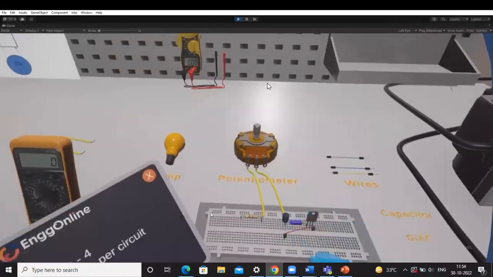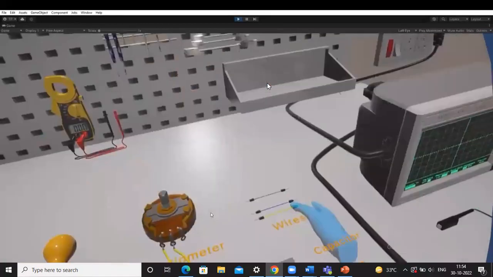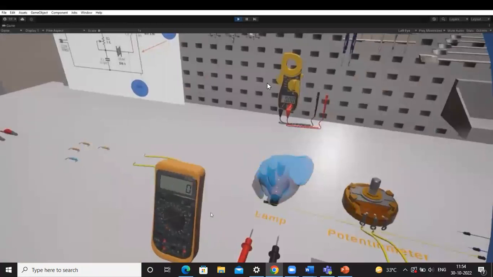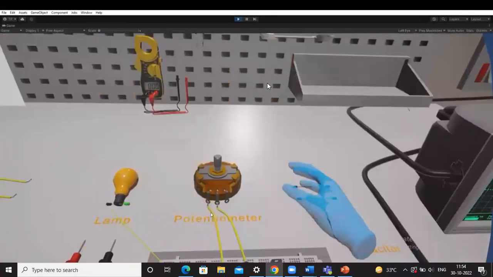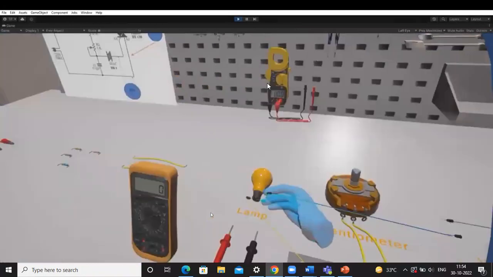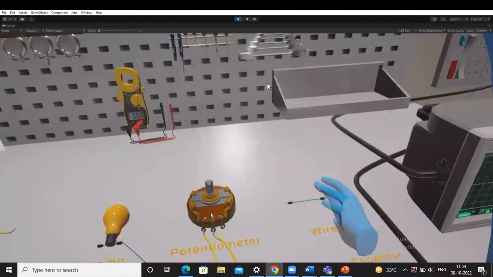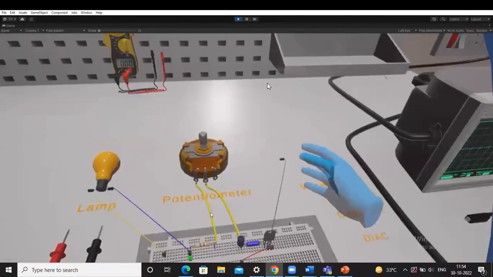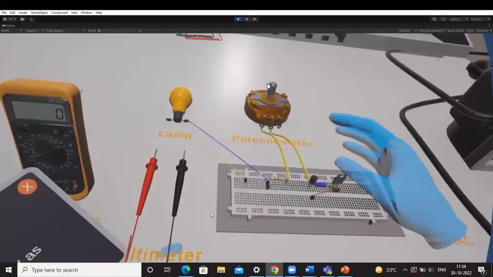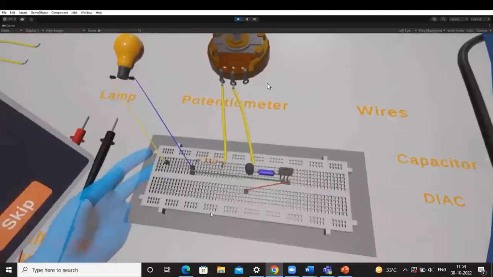Step 4. Connect lamp as per circuit diagram. Step 5. Plug in AC source of 220 volts as per circuit diagram.